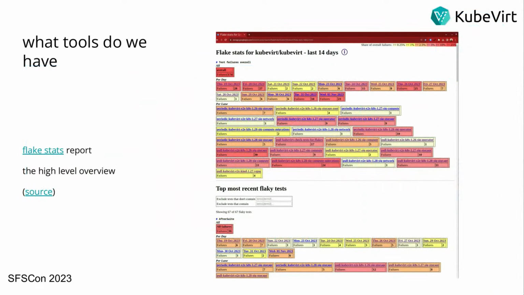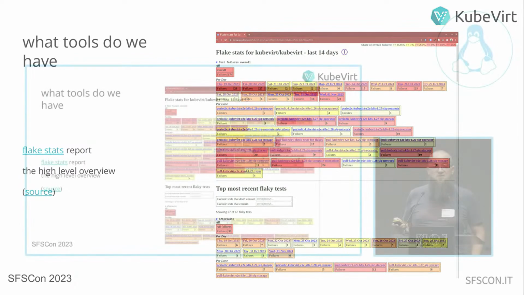This is the test lane that is failing a lot. And this is the date on which those failed somehow. So we have two axes of aggregation, which gives us a good enough overview so that we can handle that. So the next one is the top most recent flaky tests list, where we can just see which tests are making the top of the list. So which tests do we need to act upon right now?